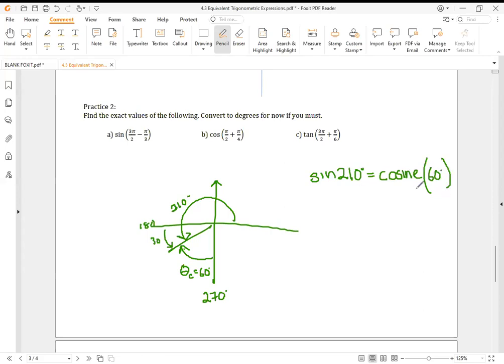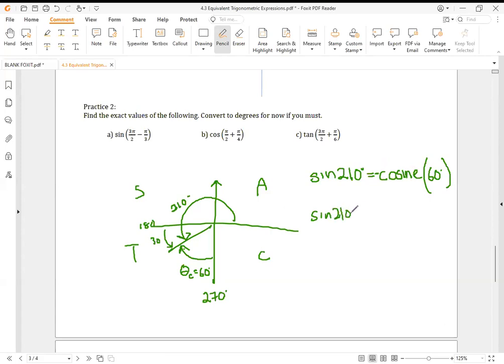It's the same, except it's in quadrant 3. When I change my ratio into an equivalent, the only one that remains positive is tangent. So this is actually negative cosine of 60.